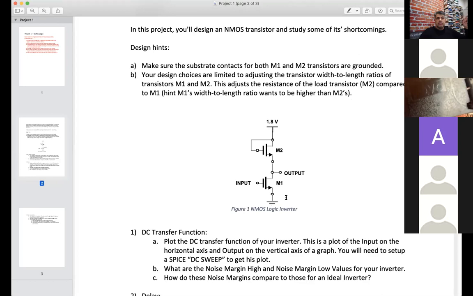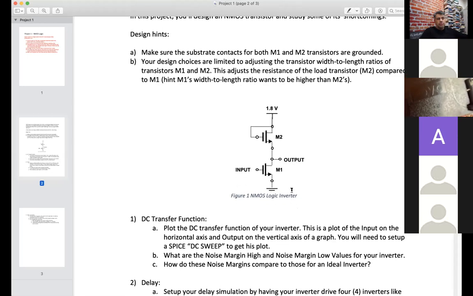I think it's good to see this not-so-great thing that we're comparing it to. It's also easier, at least in my mind, to understand an NMOS inverter than a CMOS inverter. We're going to go towards analyzing a CMOS inverter very soon, but here's how an NMOS inverter works.